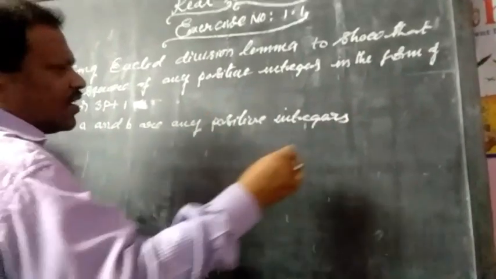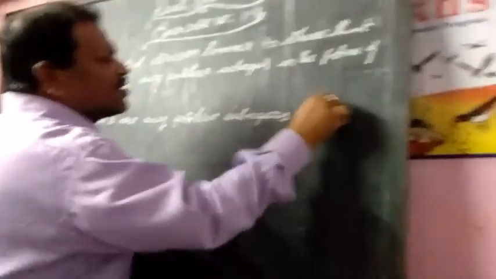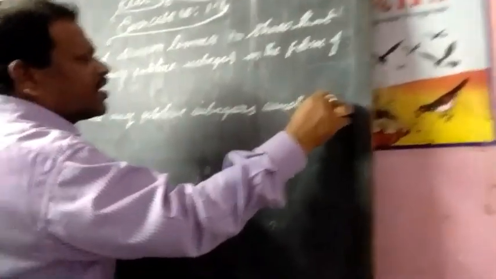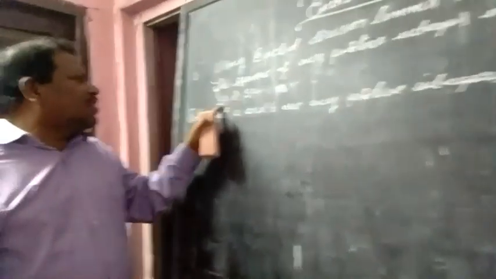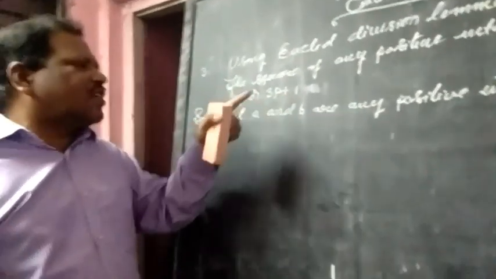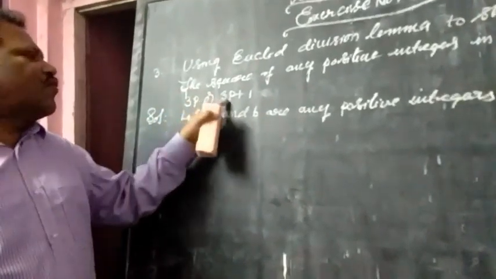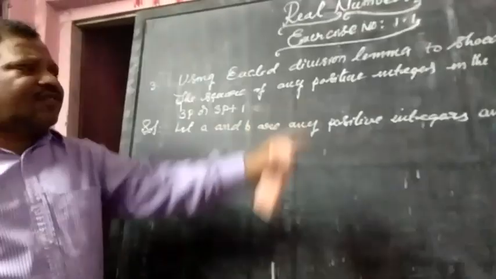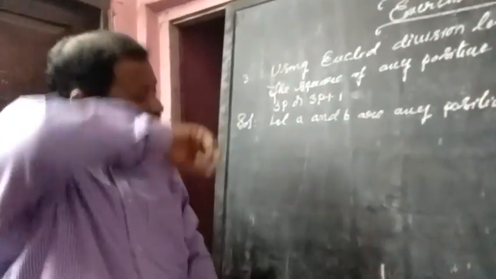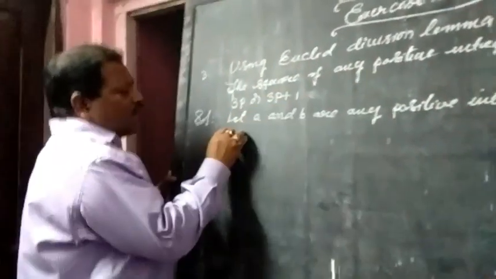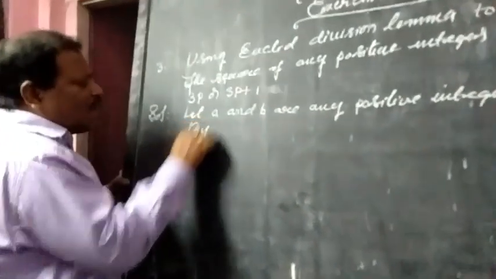Here B is equal to 3, because you have to show 3p or 3p plus 1. For some question with 4p plus 1, you have to take B as 4; for 5p, definitely you have to take B value 5. Are you understood?